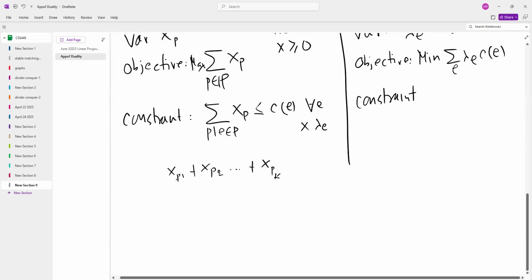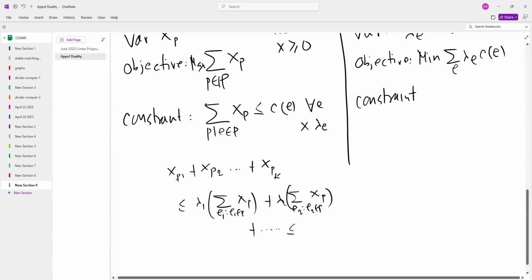And I need this to be less than or equal to lambda_1 times the summation over all paths, let's say the edges are E1, such that E1 belongs to P, of x_P, plus lambda_2 times the summation over E2 such that E2 belongs to P, of x_P, plus dot dot dot.